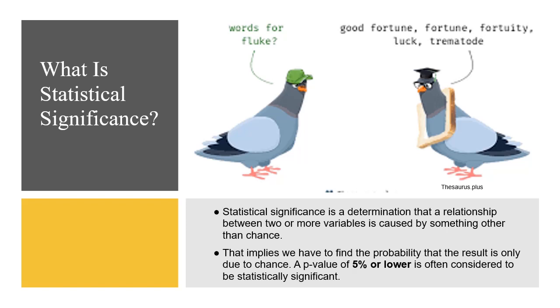If it is statistically significant, then the probability that this has come by chance or by fluke must be less than 5%. It can be less than 5% or less than 1%. Depending on that, the p-value tells us how statistically significant the relation is. So if it is statistically significant, the probability that it has come by chance should be very low, less than 5% or less than 1%.